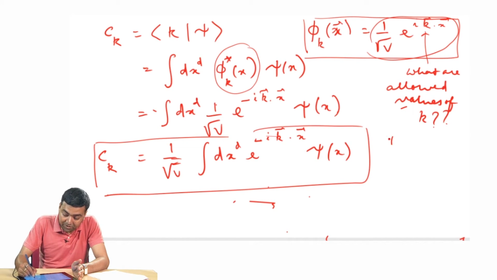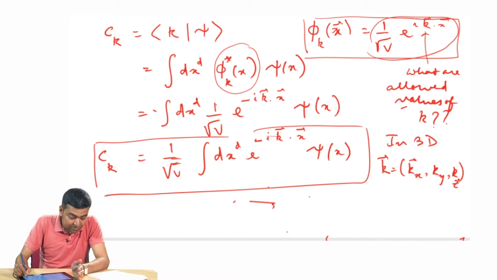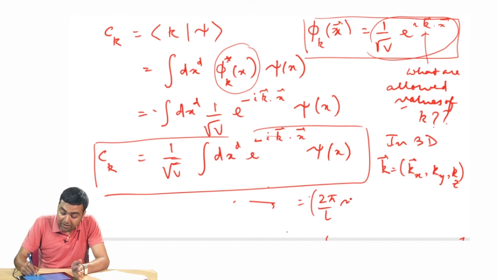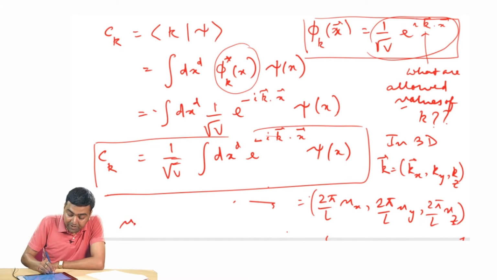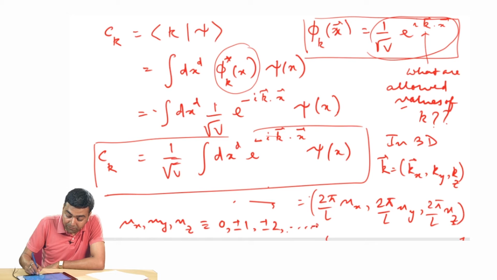So in 3D, the k can take the value of this form k x, k y and k z, which is given by 2 pi by L n x, 2 pi by L n y, 2 pi by L n z, where my n x, n y and n z can take values of 0, plus minus 1, plus minus 2 and so on and so forth till plus minus n.